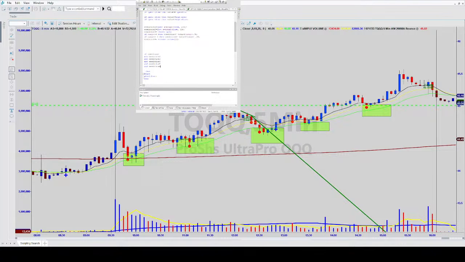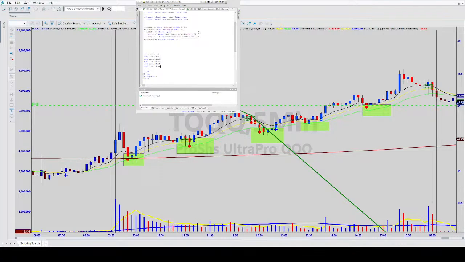Narrowing it down. So now the only one that we really need to get rid of is here. Need to get rid of this one. No, this one and this one. We just have 2 that we need to get rid of. All right, so this one here, the whole body is above the 9 EMA. So we know that that doesn't even make sense.